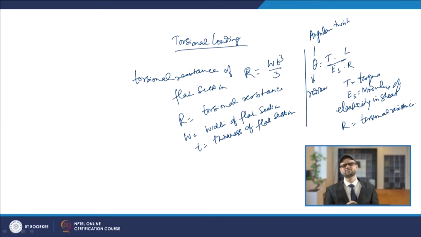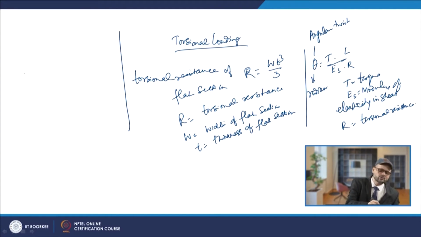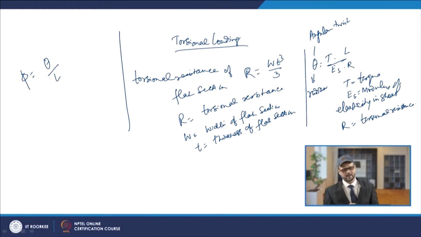Each part of the section, basically the open section, will twist to the same angle as the whole member. Now, the unit angular twist is equal to the total angular twist theta divided by the length L.